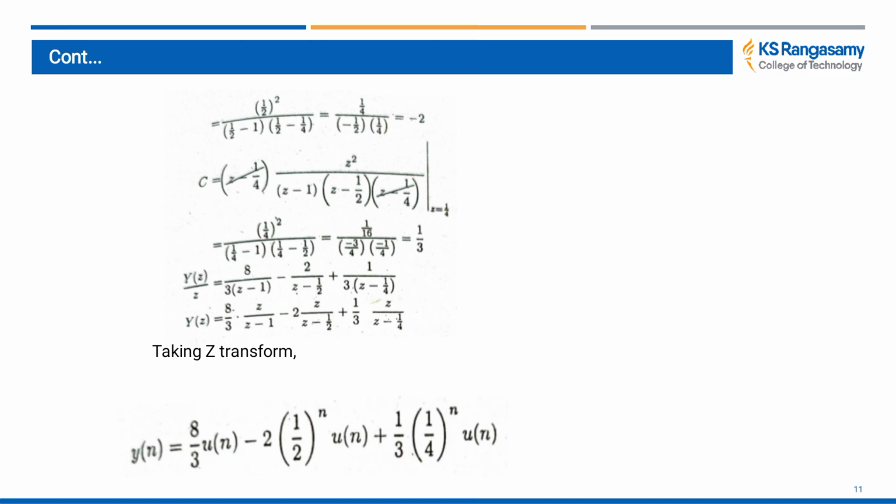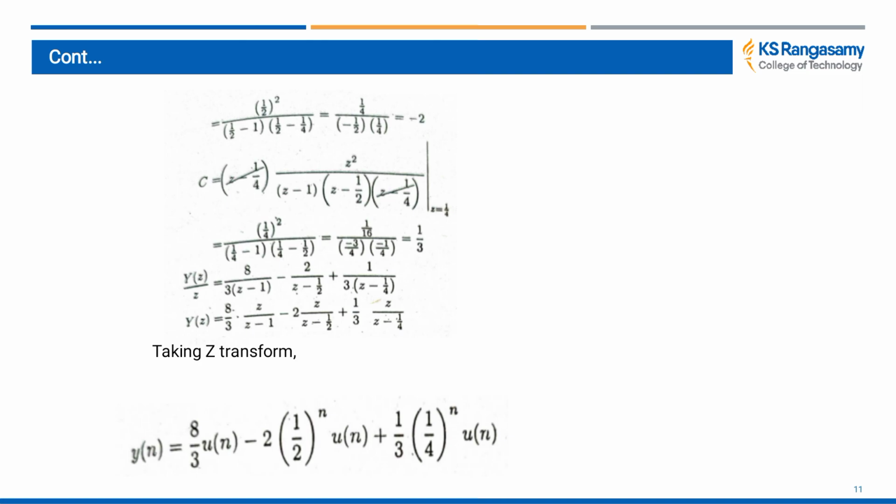On applying all these coefficient values, y of z is equal to 8 by 3 into z divided by z minus 1, minus 2 into z divided by z minus 1 by 2, plus 1 by 3 into z divided by z minus 1 by 4. So again taking the inverse z transform, y of n is equal to 8 by 3 into 1 power n into u of n, since in the previous one we know that z divided by z minus a is equal to a power n into u of n.